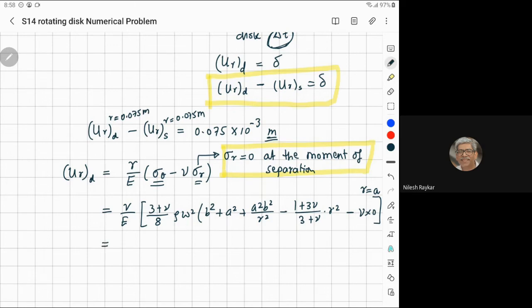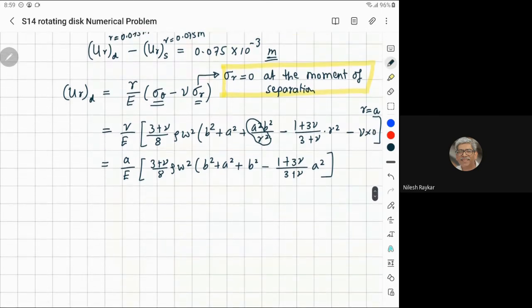Which means that this will become a divided by capital E in the bracket (3 plus nu) by 8 rho omega square, b square plus a square plus b square. So here r equal to a will eliminate this term, minus (1 plus 3 nu) divided by (3 plus nu) multiplied by a square. So that is UR of the disk.